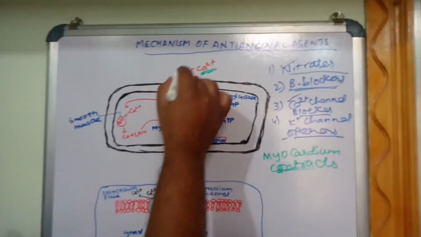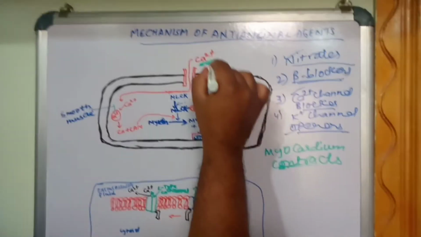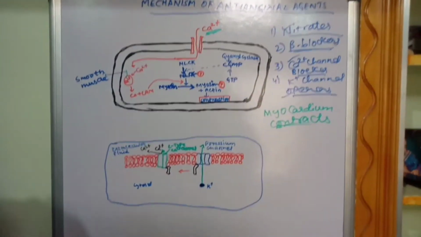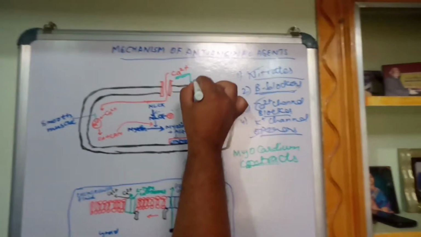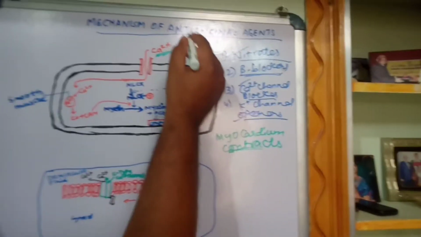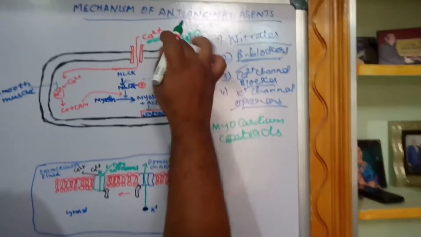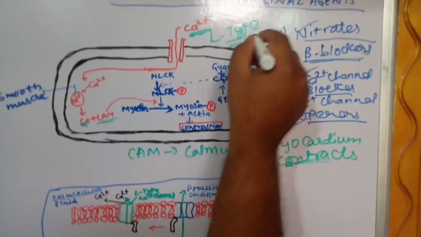This is an L type calcium channel. There are L type, T type, and different types of ion gated channels. The calcium entry is through the L type of channel.